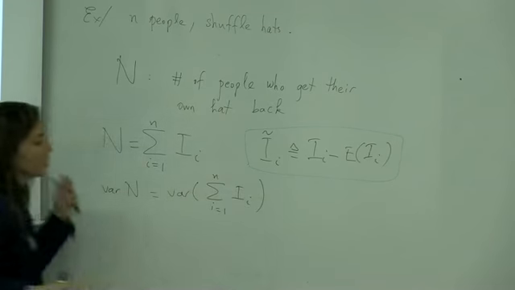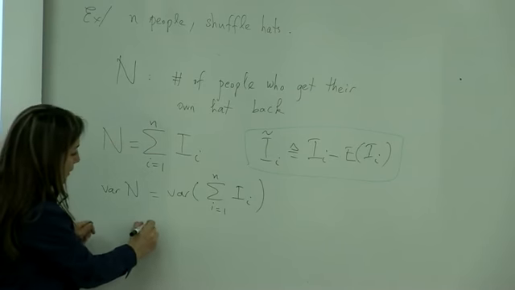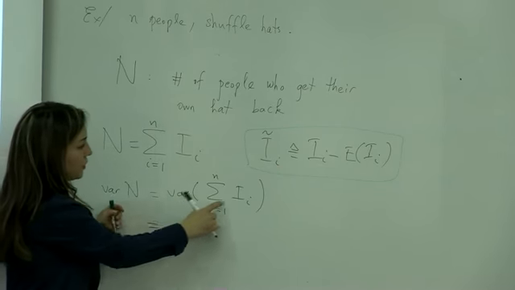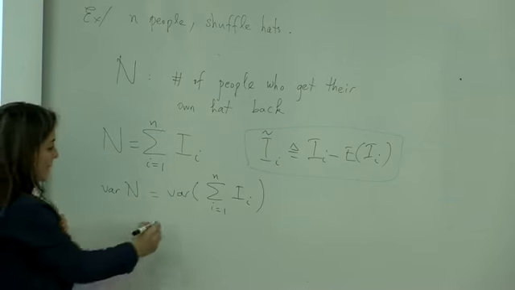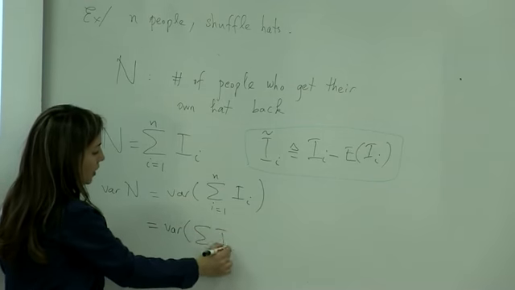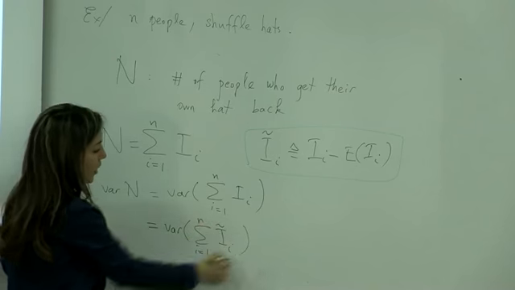Now, if I do this, I can then say the variance of the summation of I_i's is the same as the variance of the summation of I tildes. Why is this true?